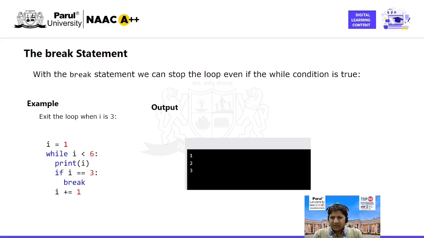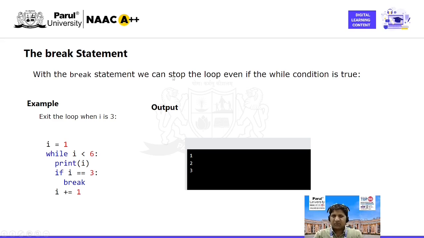But if we want to break the loop when I is equal to 3, when I reaches 3, then the loop will be terminated. If you want that, the break statement is used to stop the loop in between the given condition.